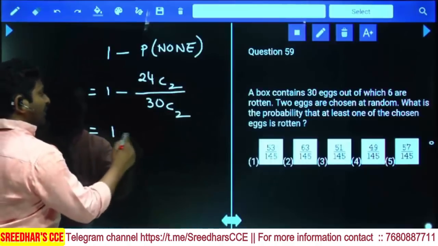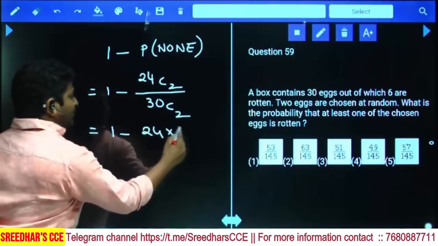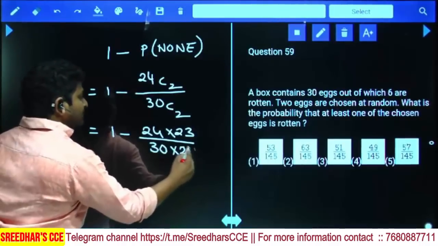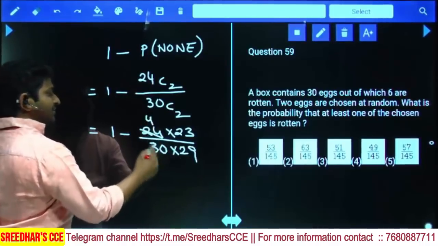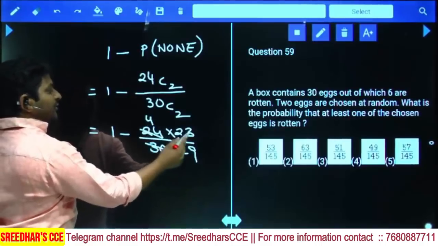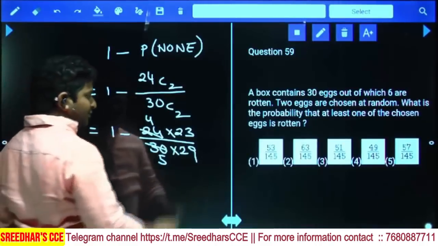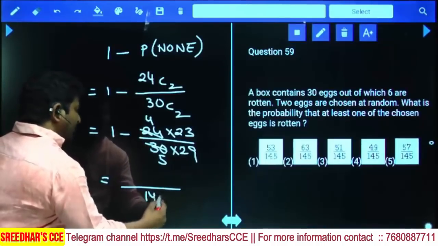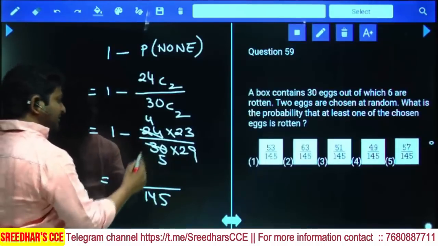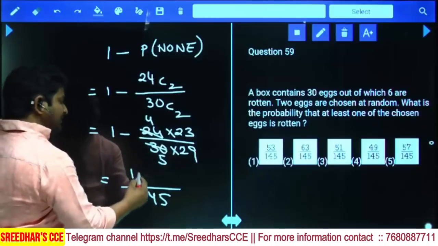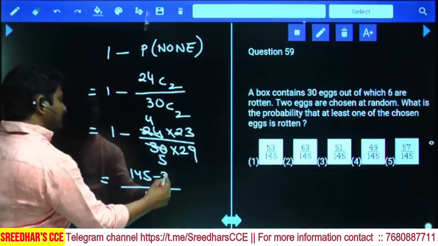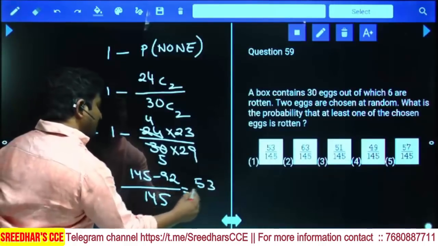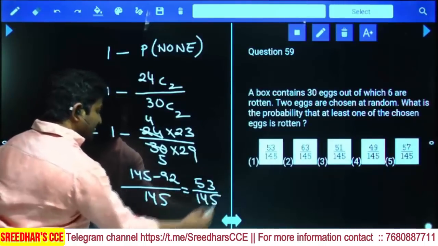That is, answer is 1 minus (24 into 23) by (30 into 29). 6 4 times, 6 5 times. 4 into 23 is 92. 5 into 29 is 145. So the denominator will be 145. 1 minus 92/145 is equal to (145 minus 92)/145. Answer is equal to 53 by 145. First option, final answer.